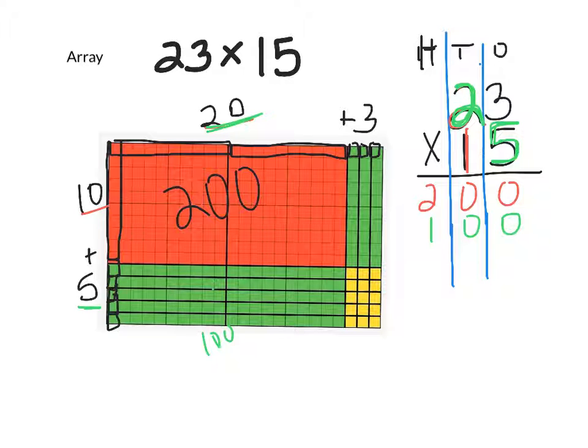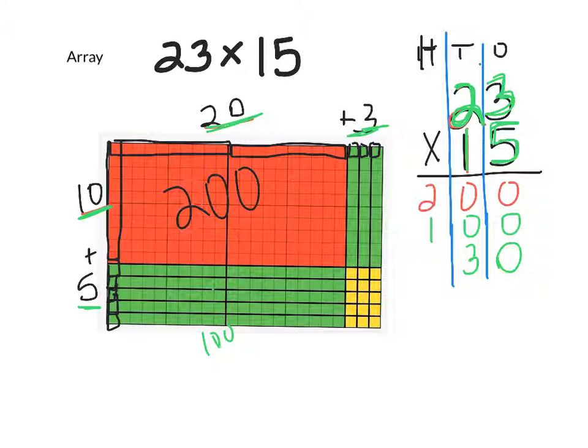And the next number that I might do is 10 times 3. I'm going to use green for that also. So here's my 10, and here's my 3 in my written record. And I can easily see that I have 3 tens, or 30.